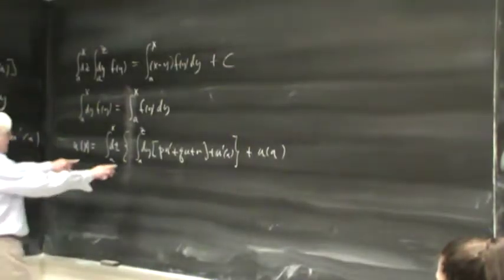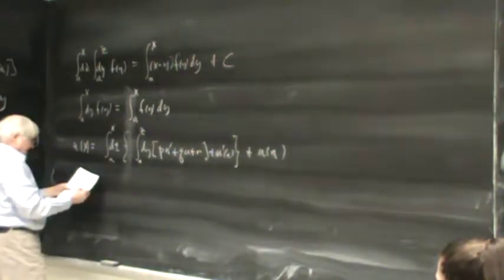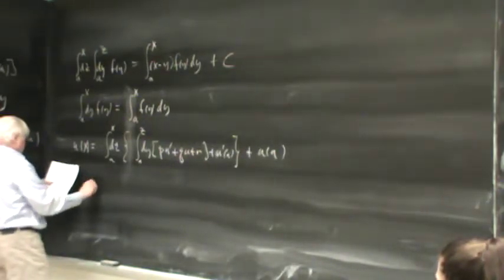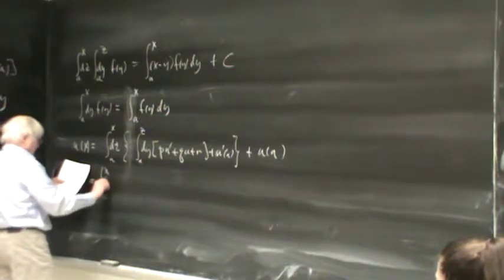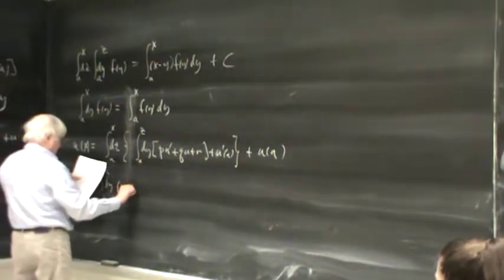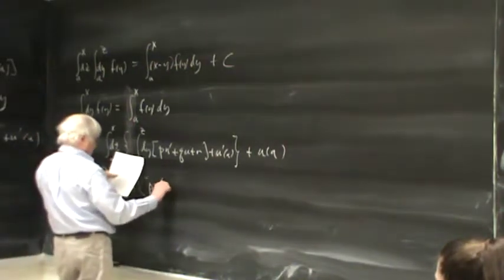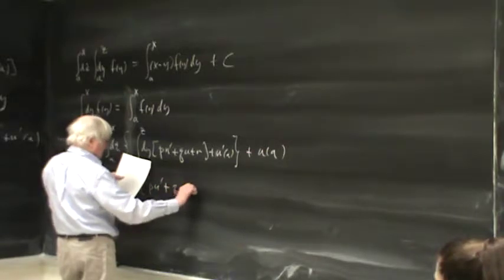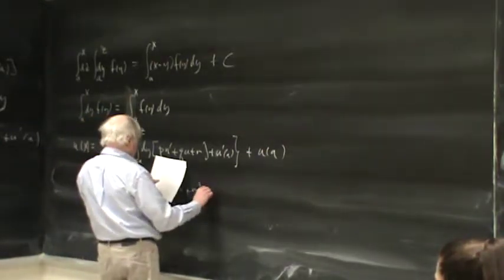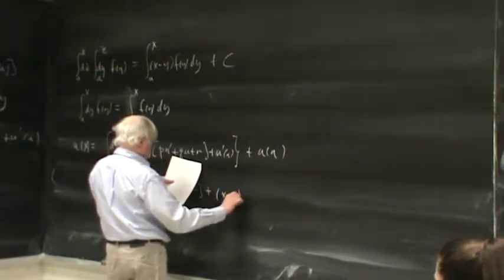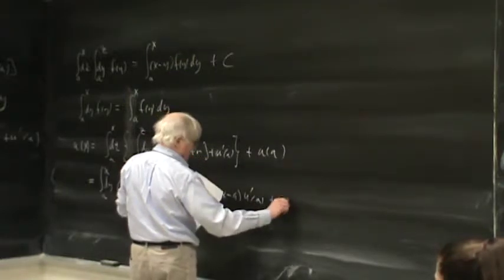And now, using this trick on that, this is equal to integral a to x dy, (x minus y)(pu prime plus qu plus r), plus (x minus a) u prime of a, plus u of a.